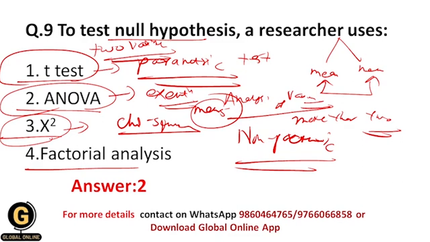And that's why, to test a null hypothesis, a researcher does not use the chi-square test. And what is factorial analysis? Basically, factorial analysis is the technique by which we reduce a large number of variables into smaller factors, and that's why it is called factorial analysis. So your correct answer for this question should be 2.